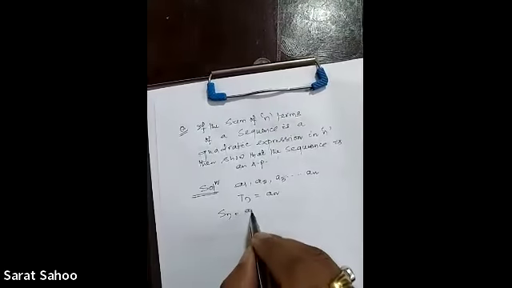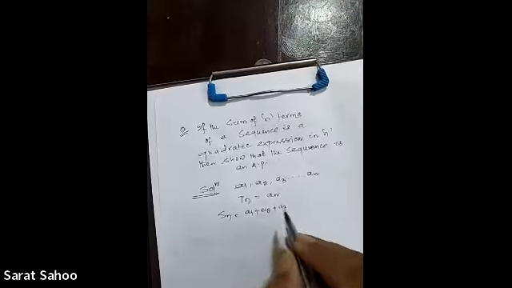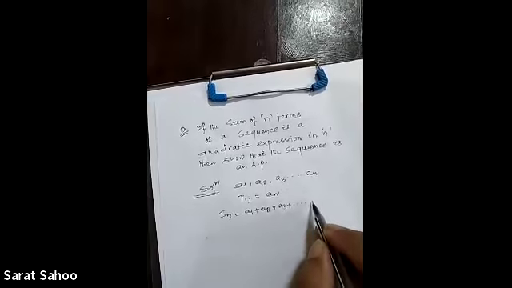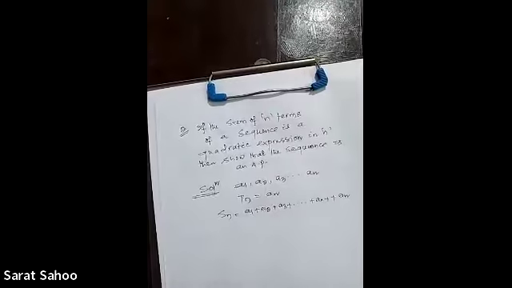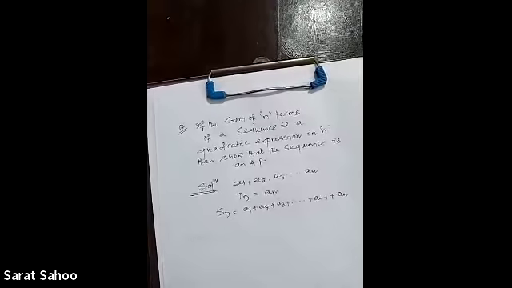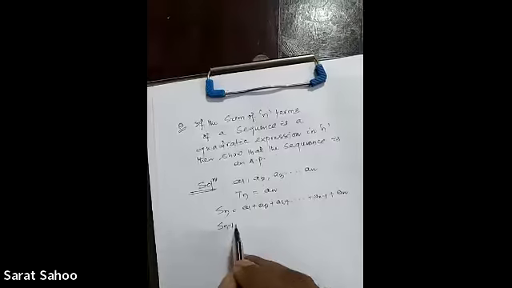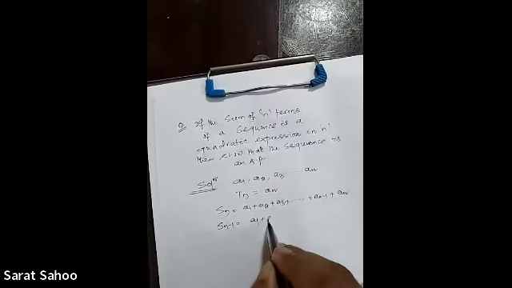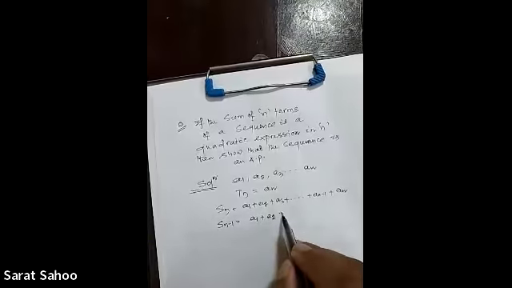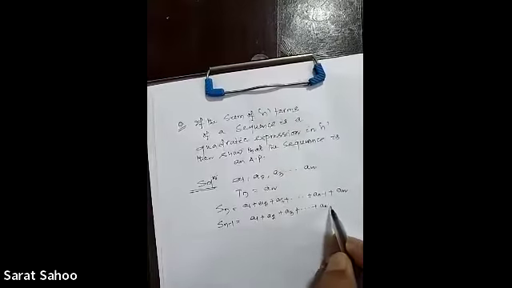Sn is equal to A1 plus A2 plus A3 up to An minus 1 plus An. And the sum of n minus 1 terms will be A1 plus A2 plus A3 plus up to An minus 1.